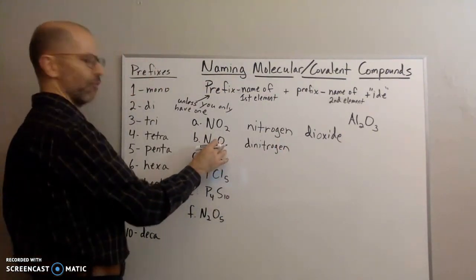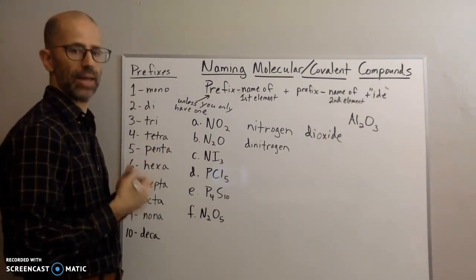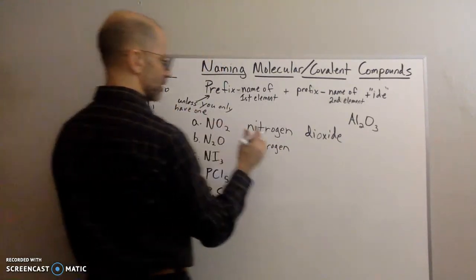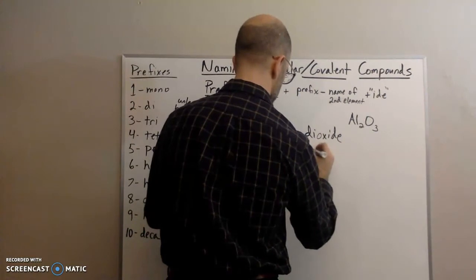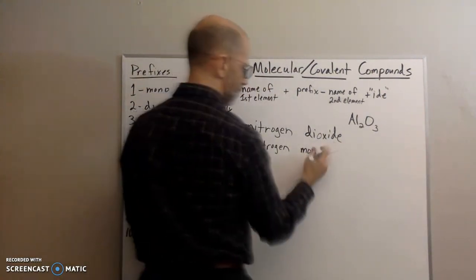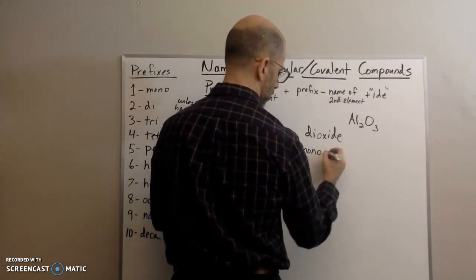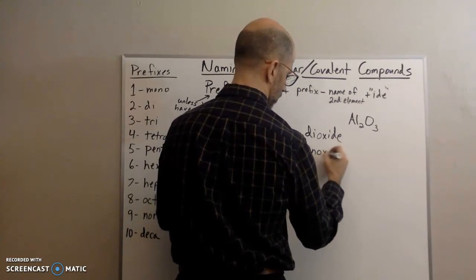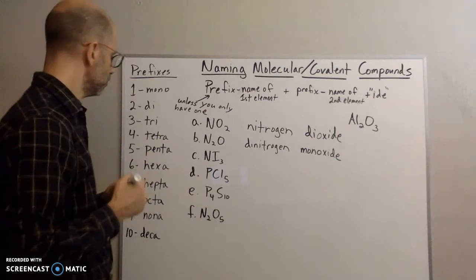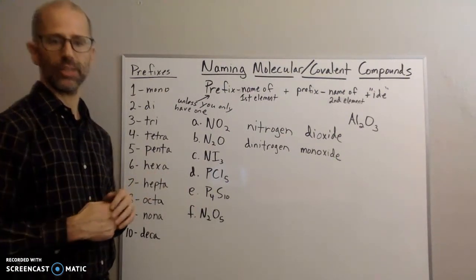And now I only have 1 oxygen, so I'm going to name that monoxide. Mono plus oxide. Since mono and oxide both have an O, I'm going to drop 1 O and keep writing oxide, so monoxide. That's it. So let's keep going.